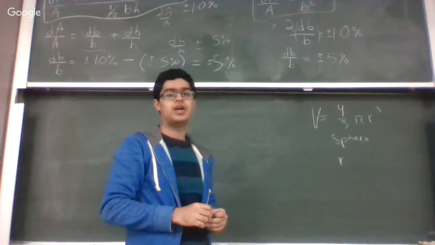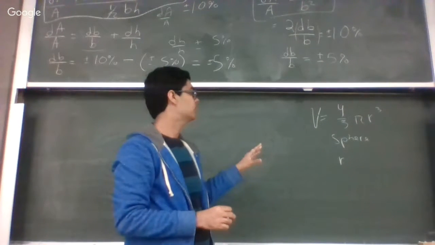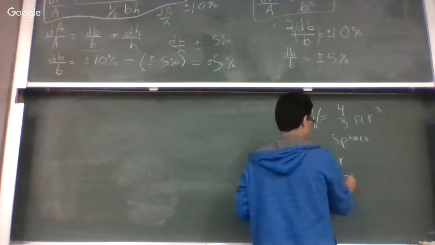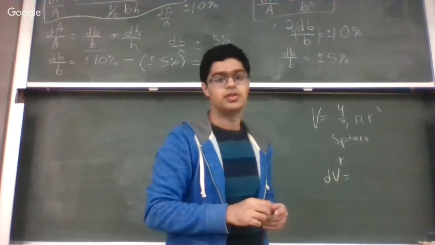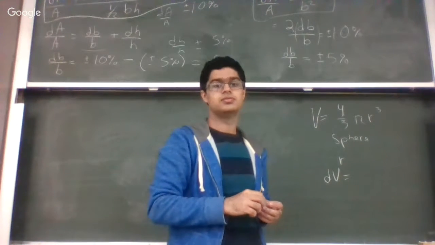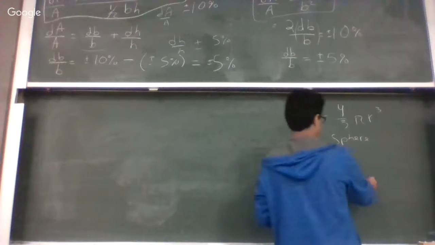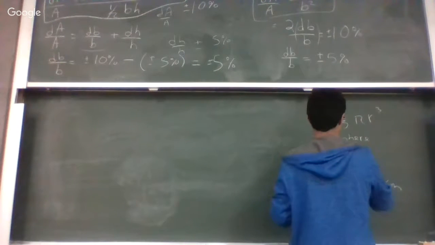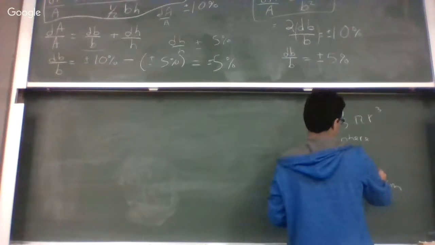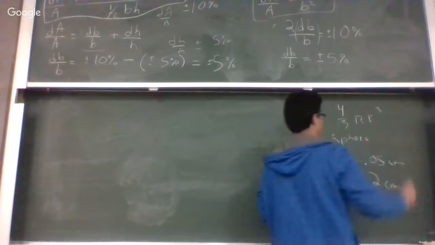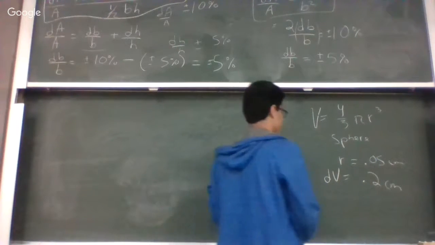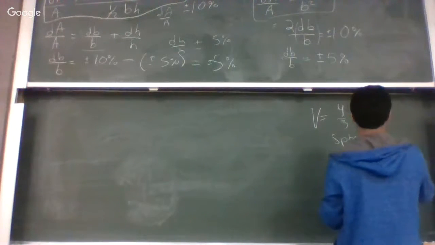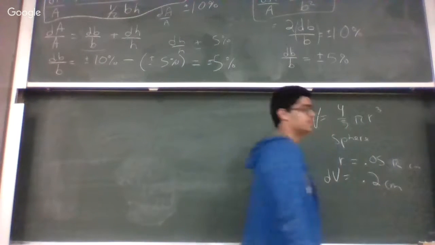So we need to find the rate at which the radius is melting when we know the volume, or dV, is changing at 0.2 centimeters, and when the radius is 0.05 centimeters. Let's make it 0.05 pi.